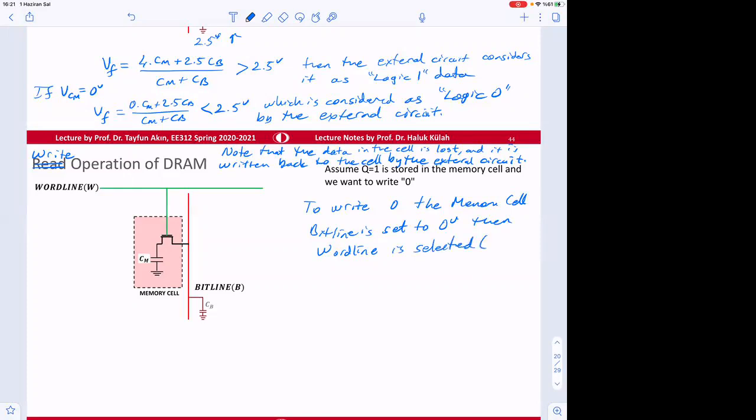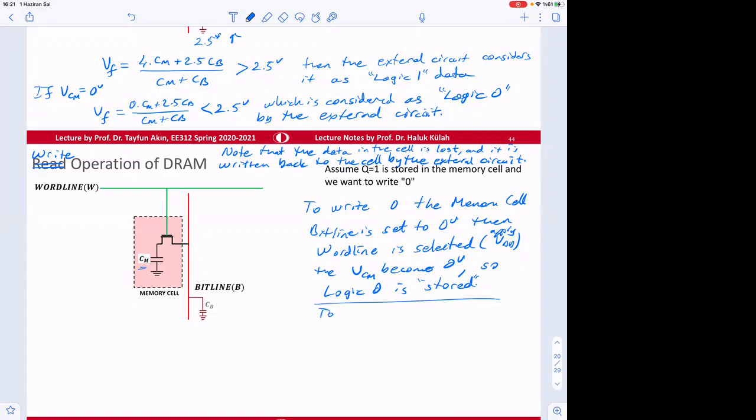Selected means we apply VDD. Then it doesn't matter what is inside the CM, it will be set to that voltage. Then VCM becomes 0 volt. So logic 0 is stored in the CM.